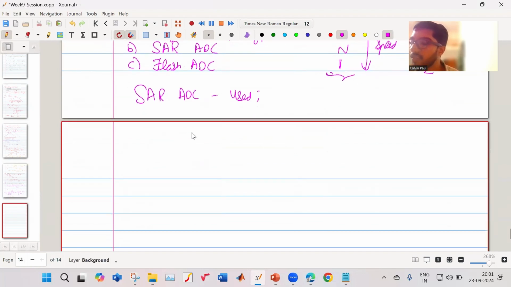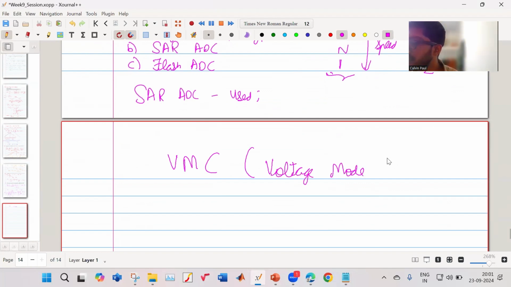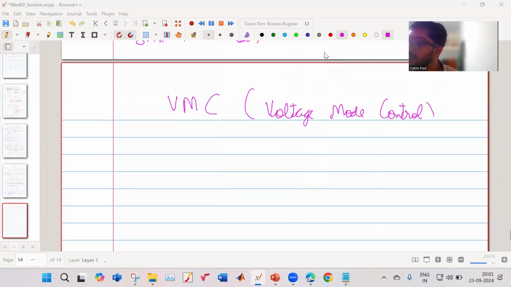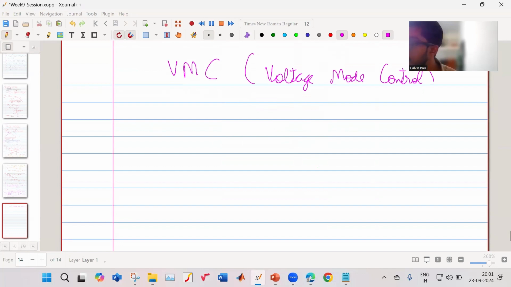So I'll give you one simple example. Let us consider voltage mode control. Okay, that is known as voltage mode control. So now, let us say this is your power electronics converter.